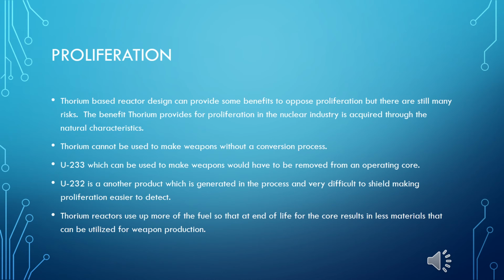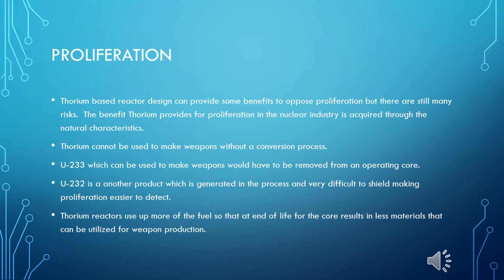It may be a little bit difficult. Also, the process of using thorium in a nuclear process creates uranium-232, which is a very powerful gamma emitter. Now, you might think that this was an engineering problem, but actually it would make it more detectable if somebody had removed it from the core. It'd be very difficult to shield against the gammas.